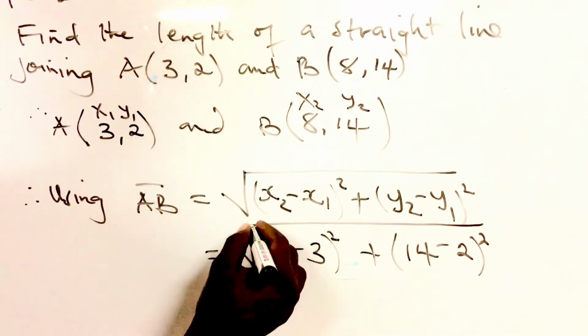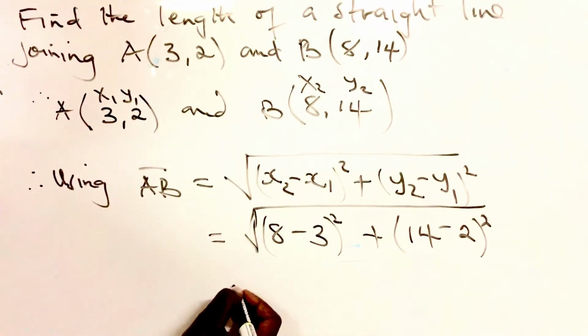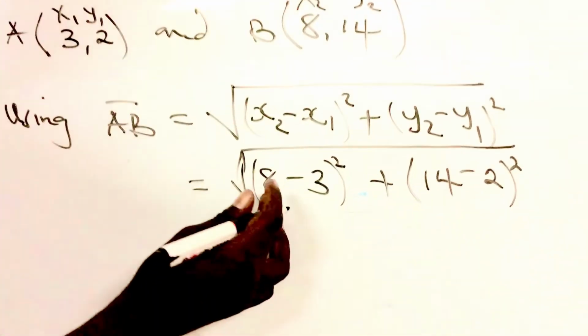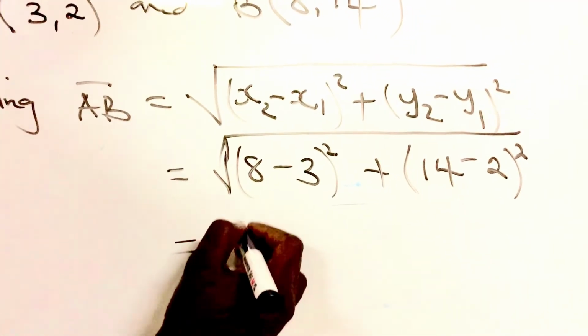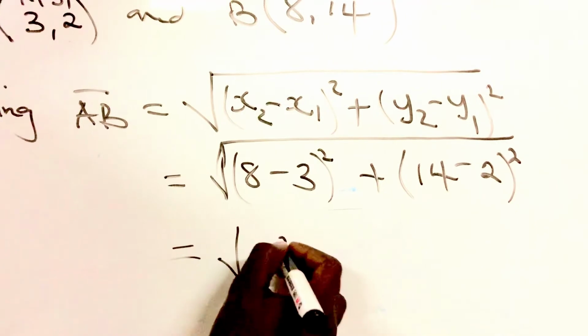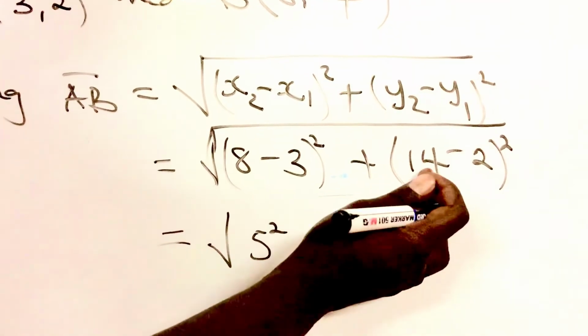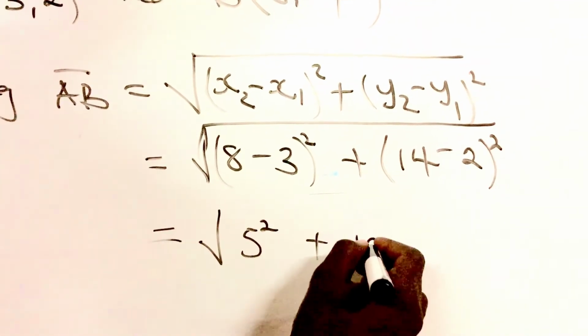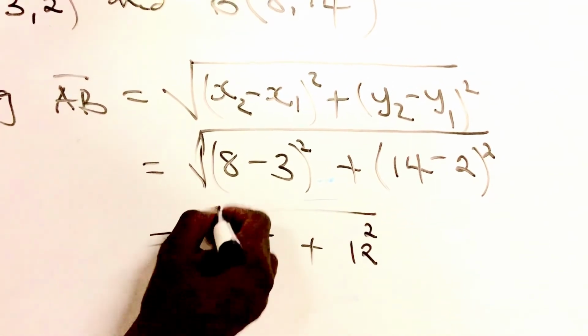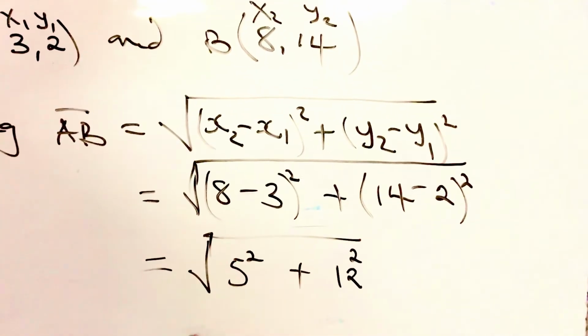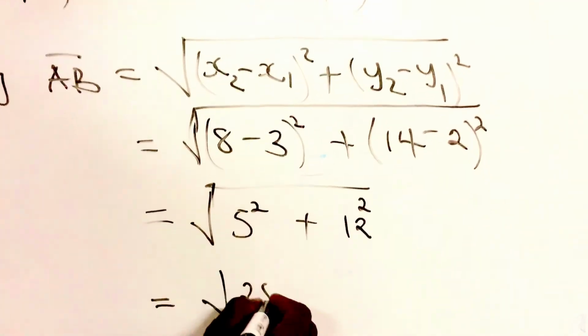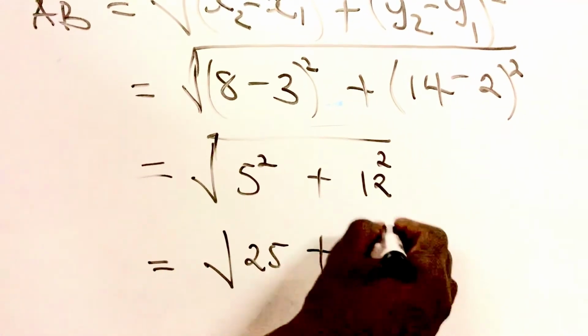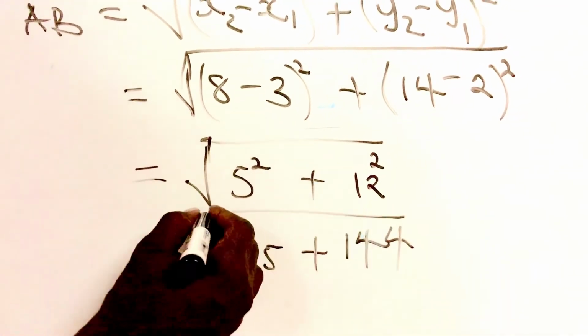This becomes 8 minus 3 is 5 squared, plus 14 minus 2 is 12 squared. So this becomes the square root of 25 plus 144.